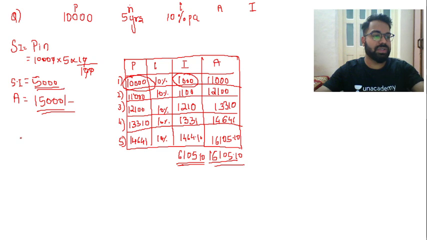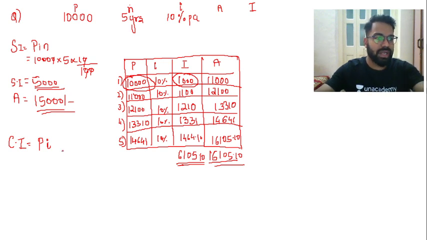So compound interest, CI, is nothing but principal into the interest rate, which is I. This is principal plus the interest rate, which is I, and this is getting multiplied, principal and the compound interest.